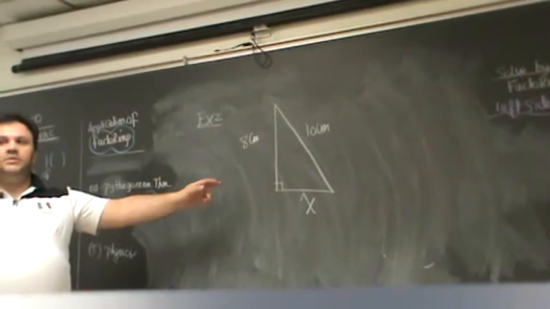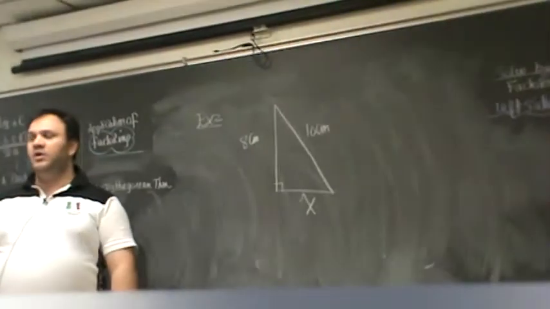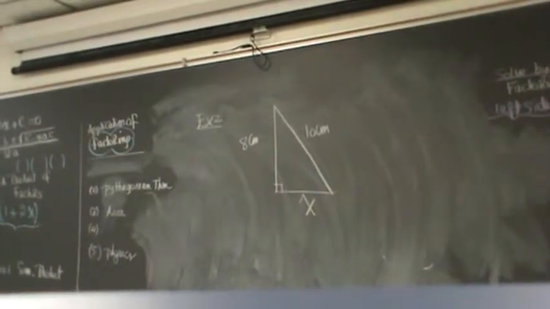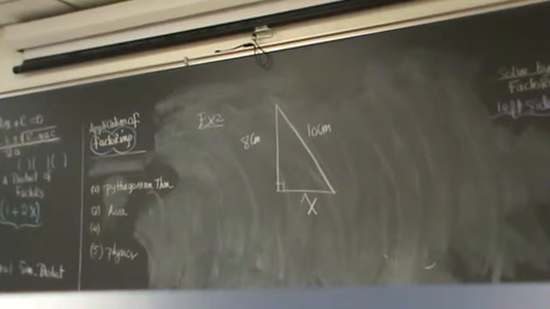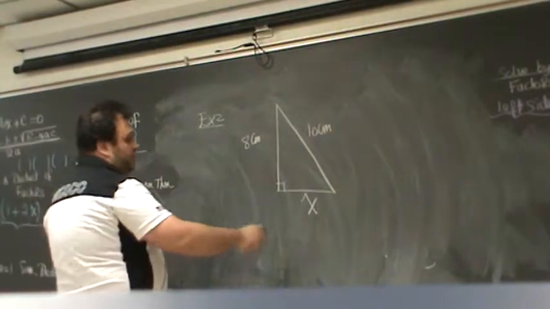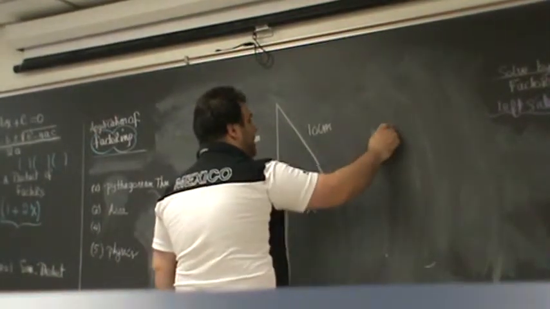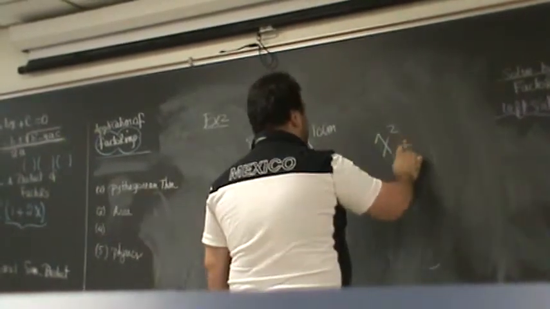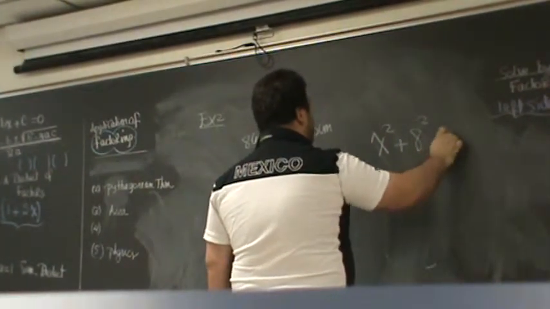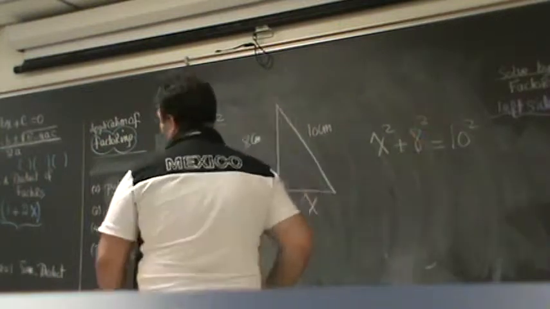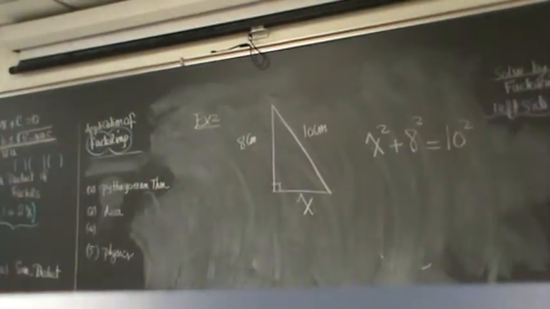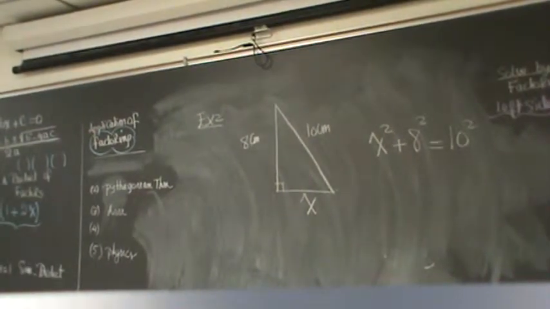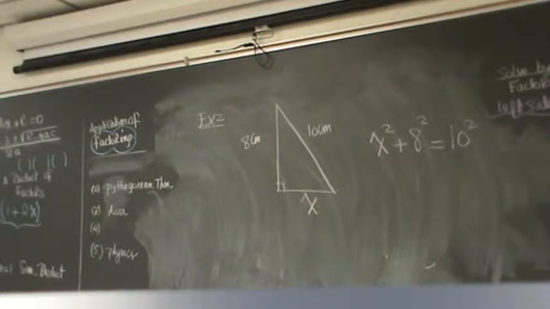What's the equation that we're going to be using here? How are we going to set up our equation? Using the Pythagorean what? Exactly. Which states what? X squared plus 8 squared equals 10 squared. Now please, before you try to do any calculation, finish one thing at a time.